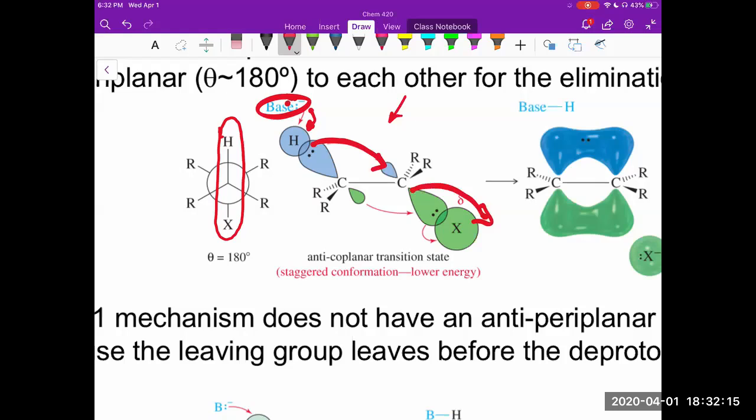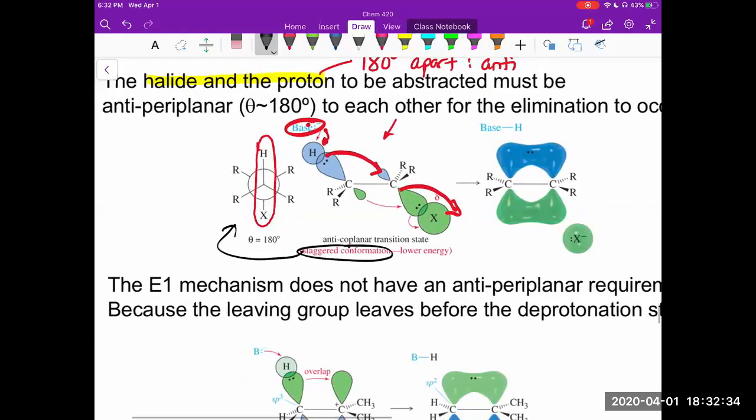It gets the orbitals lined up correctly, and as an added bonus, it gets everything staggered. It's a staggered conformation, which is lower energy. But you have to have the groups opposite one another.